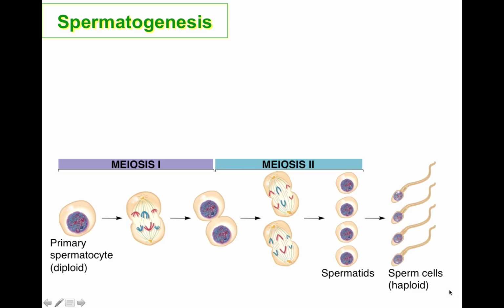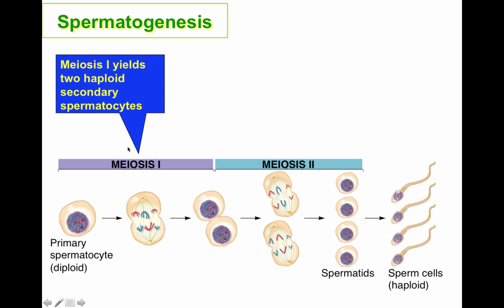In spermatogenesis, we can follow the progression of cells from a primary spermatocyte to the formation of mature sperm cells. And this closely mimics what happens in meiosis I and meiosis II. We start out with a diploid primary spermatocyte, and then we end up with, after meiosis II, 4 different cells that are now haploid, and then cellular differentiation occurs, and you end up with a mature sperm with a compact head and a long motile tail.